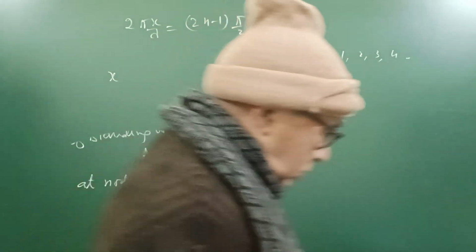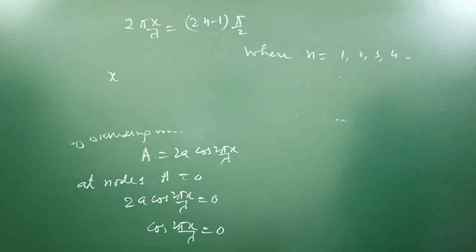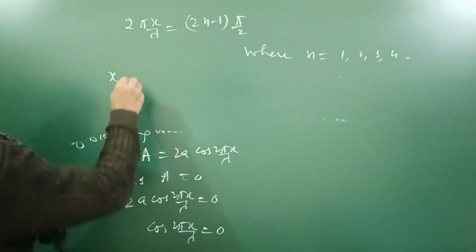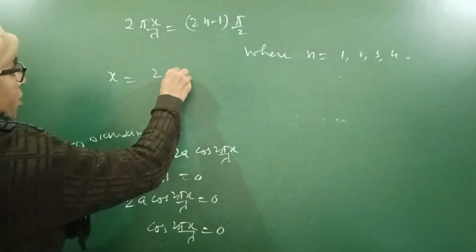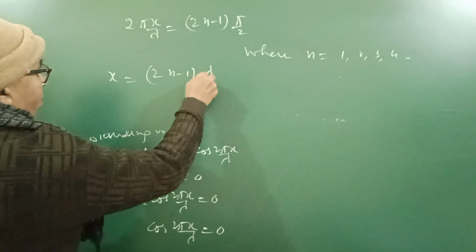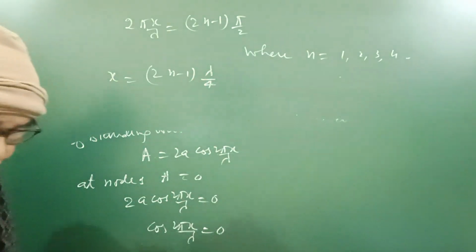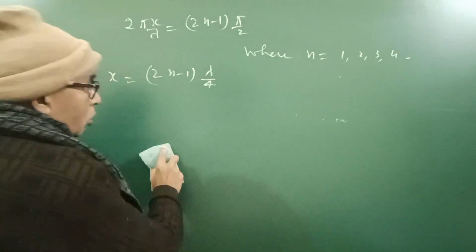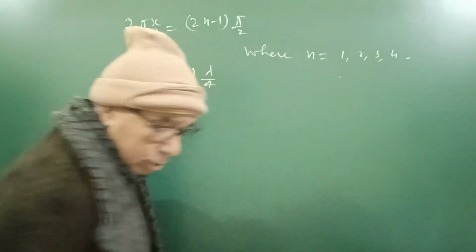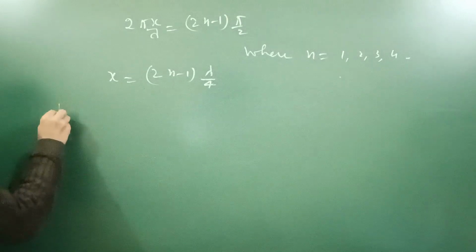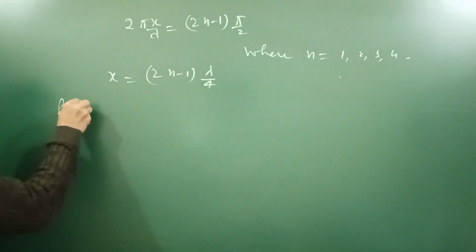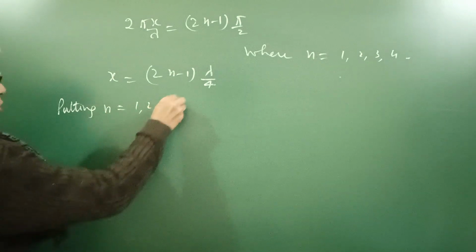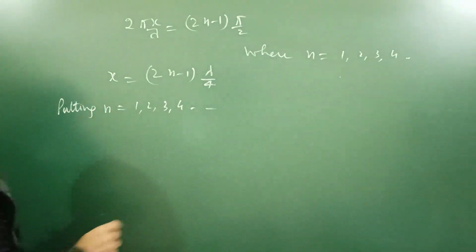The position where nodes are obtained. So from here x equals (2n minus 1) lambda by 4, putting n equal to 1, 2, 3, 4, and so on.